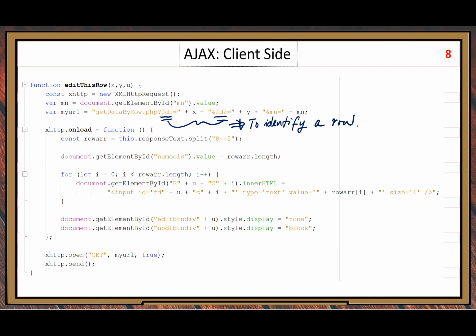Some of you may say we can pass the primary key, right? But among those 5 tables, we only have 3 tables with a primary key. The remaining 2 tables don't have primary keys.